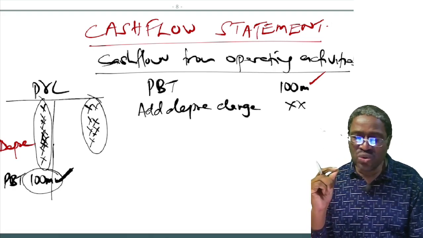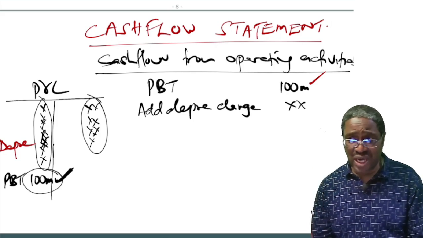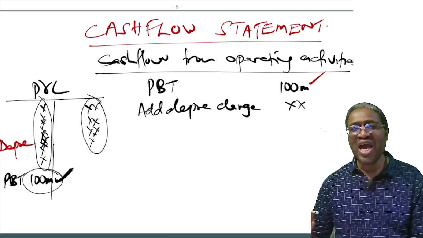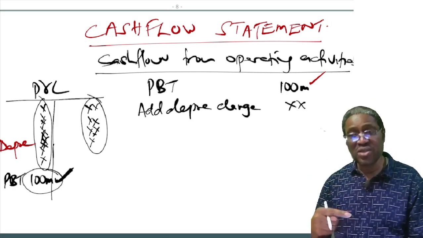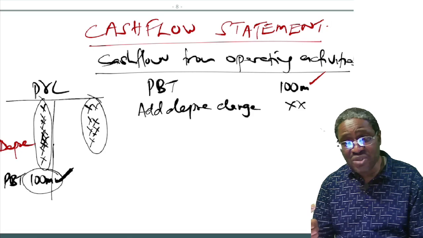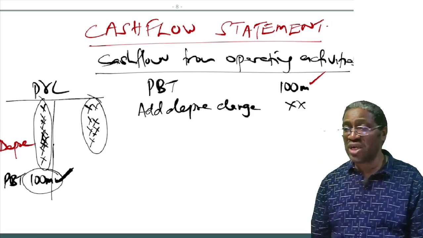So I want you to write on the chat and give me a few other examples of expenses which normally go to the income statement, which are non-cash items.